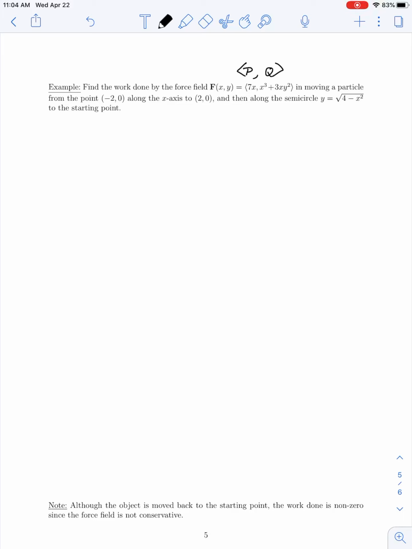So let's sketch out the path of this particle here. So we were told that we're moving along the x-axis from the point (-2, 0) to the point (2, 0), and then we are moving along the semicircle, y equals square root of 4 minus x squared, so that is the upper half circle of radius 2.